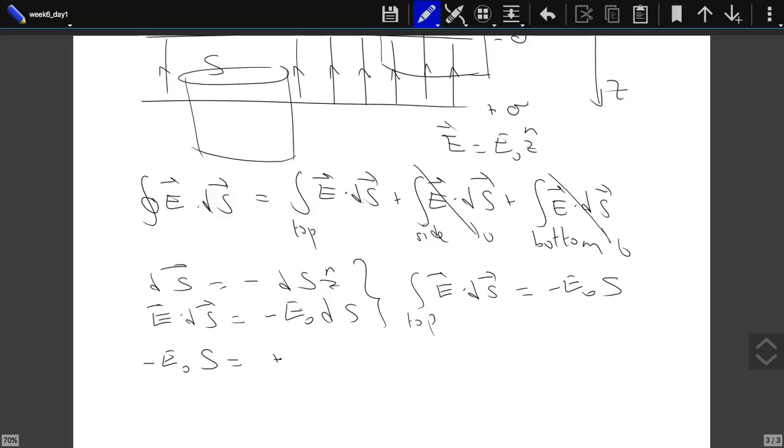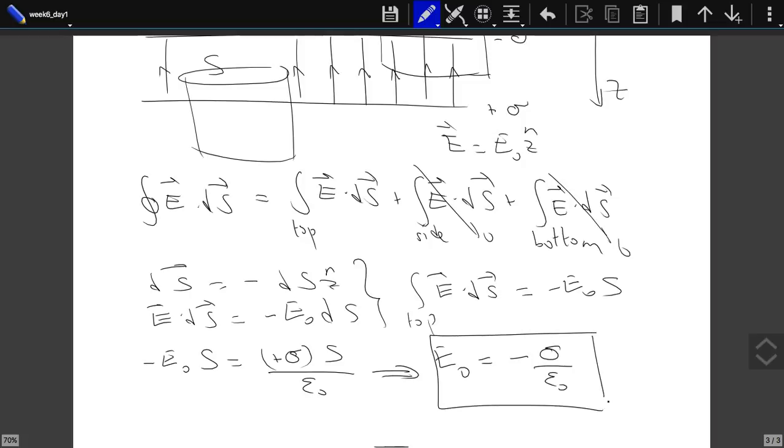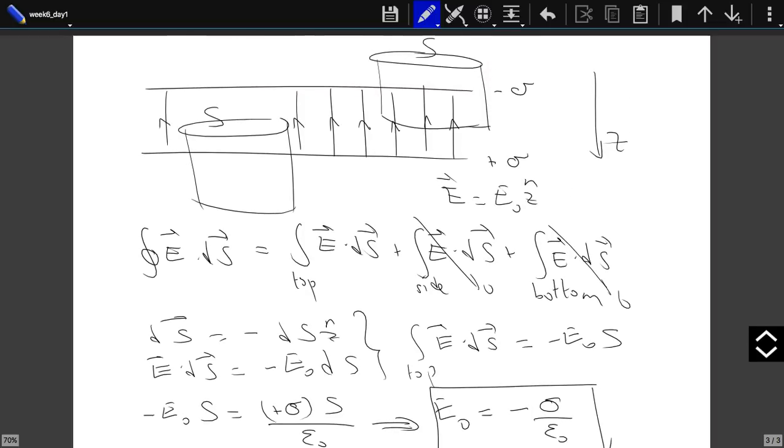Plus sigma times the surface area, and the Gauss law tells me to divide by epsilon 0. So I obtain again E0 is equal to minus sigma over epsilon 0. So the electric field is pointing upward. I still have the minus sign.